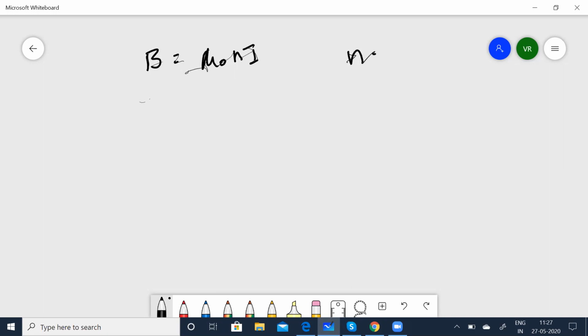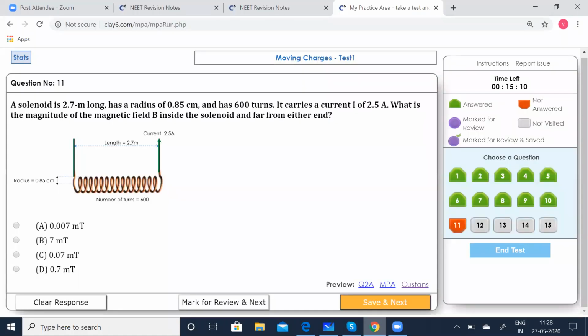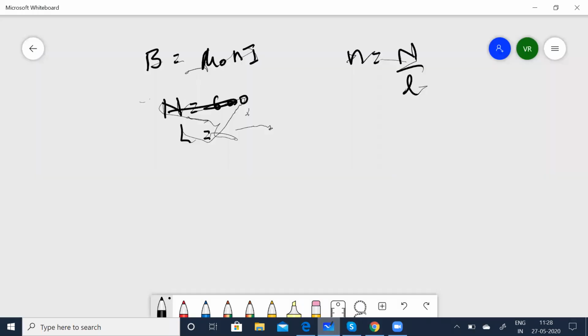But we know n is equal to N by L, where n stands for the turn density. I told you n is the turn density here. So having known now capital N, the number of turns, is given as 600.